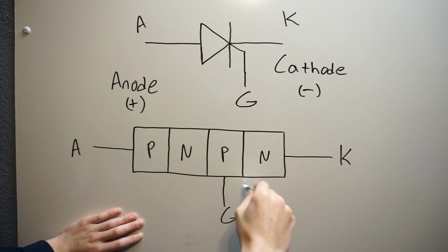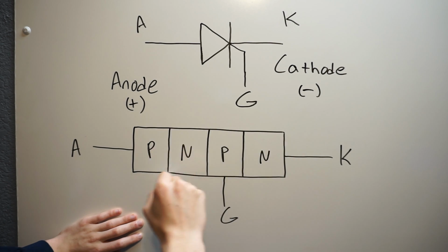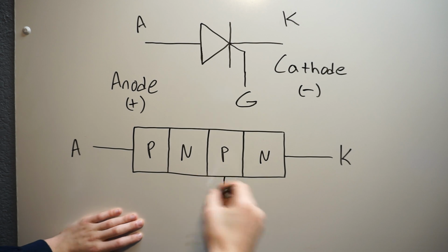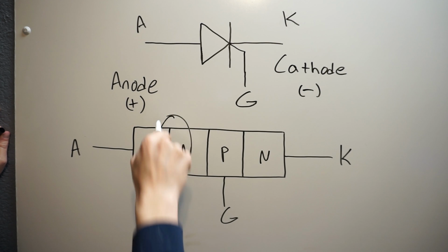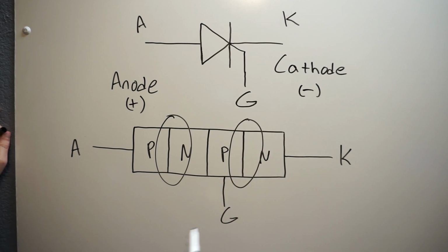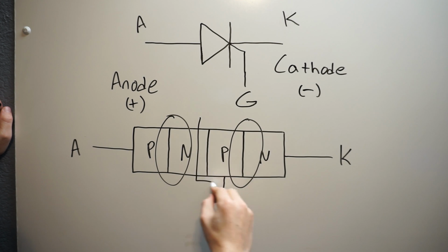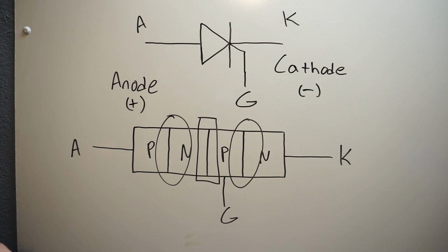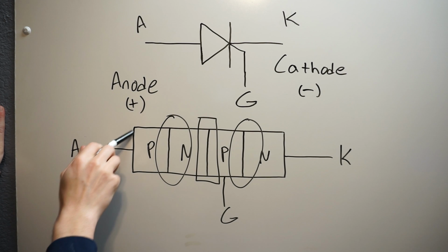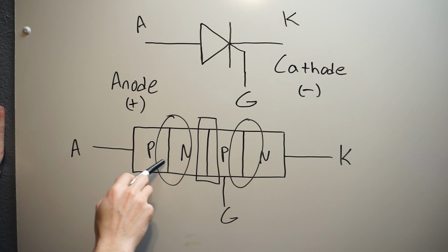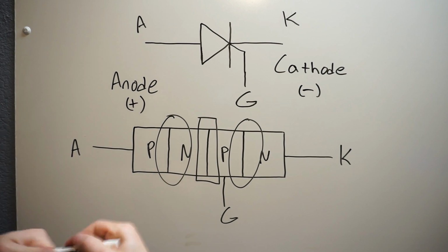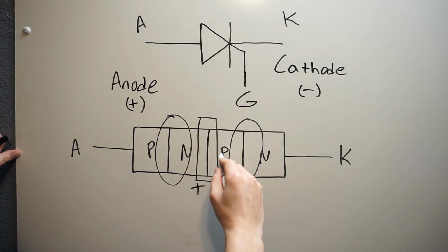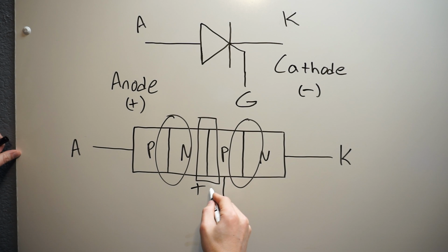So this whole side wants to conduct, and this junction wants to conduct when it's forward biased. But then if we look here, this guy is going to have a depletion region, right? Because it's going to be positive, positive, and current, this whole junction will conduct, and then it's going to hit right here, and this side is going to be more positive, and on the other side of this junction from the cathode, it's going to be more negative.